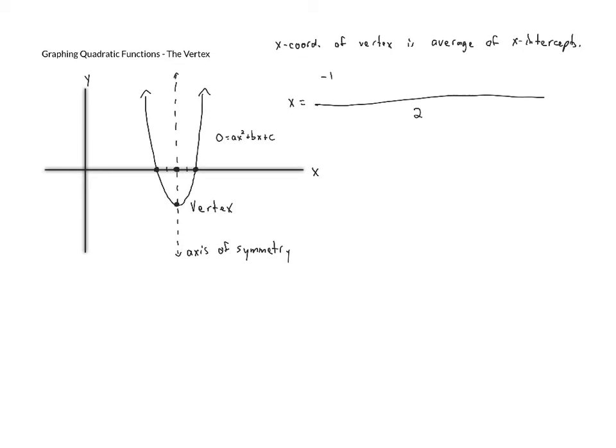Specifically, x equals the opposite of b plus the square root of b squared minus 4ac all over 2a, and the opposite of b minus the square root of b squared minus 4ac all over 2a. So we've taken the two solutions that we get from the quadratic formula, and we're averaging them by adding them and dividing by 2.